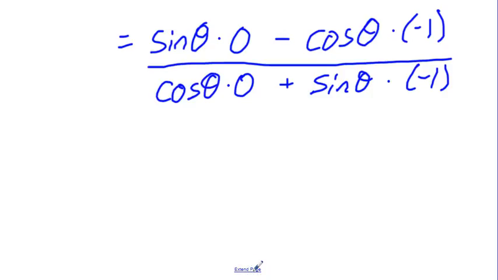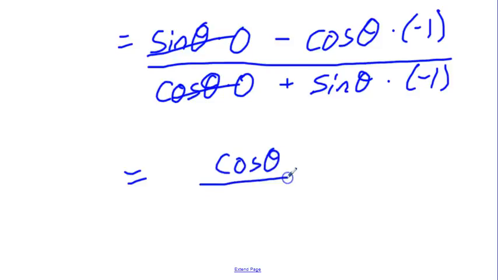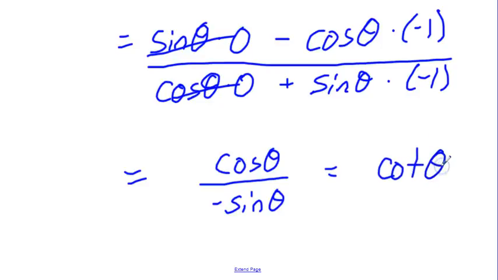So again, if we simplify, these first two terms are just going to be 0. So we have, in the numerator, negative times negative becomes a positive cosine theta over a negative sine theta. Cosine over sine, one of our quotient identities, is cotangent, and it's the opposite. So we have gone through that proof using sum and difference of sine and cosine to get to our tangent, simplifying to get negative cotangent theta.